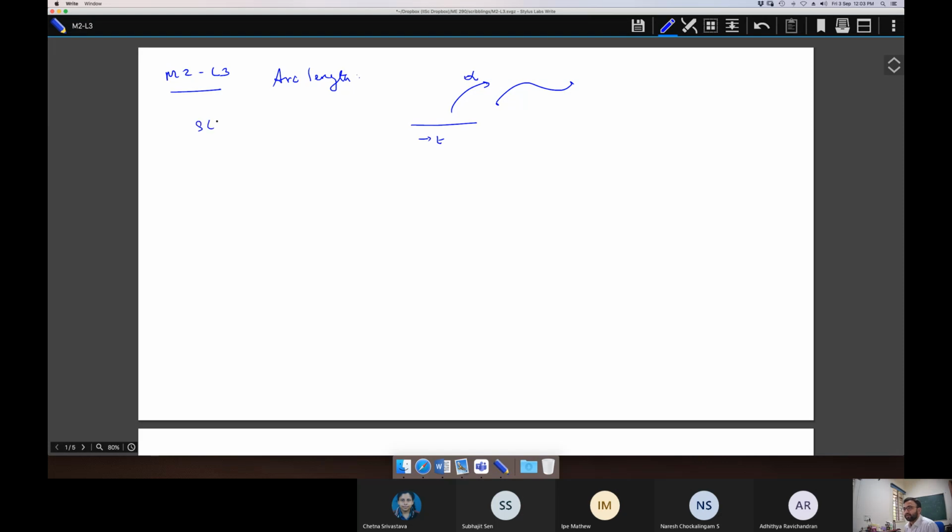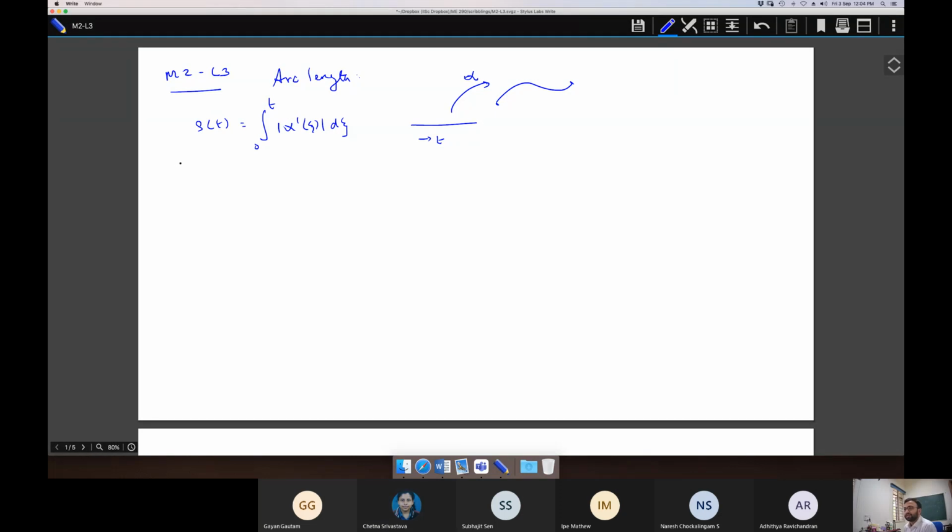S of t equals the integral from 0 to t of mod alpha dash of epsilon d epsilon. Let's put epsilon here, because we don't want the same t to appear.